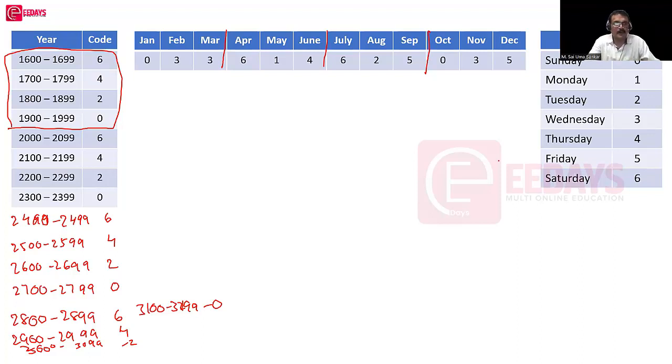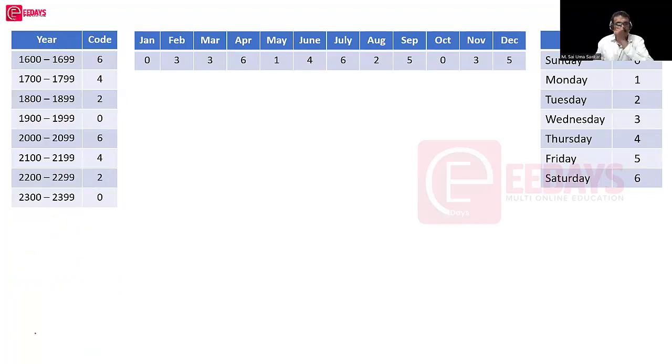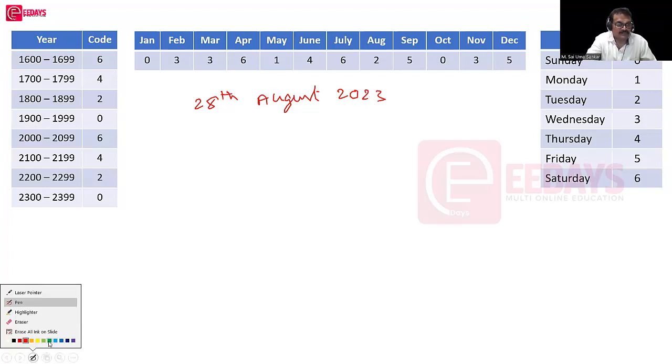Now let us check how to find the answer. Right. Suppose, let us take an example. On which day falls 28th August 2023? Suppose if you want to find the answer for 28th August 2023. So how to find this one?